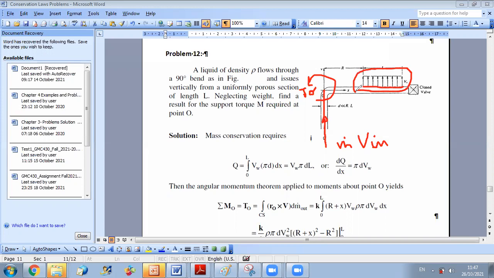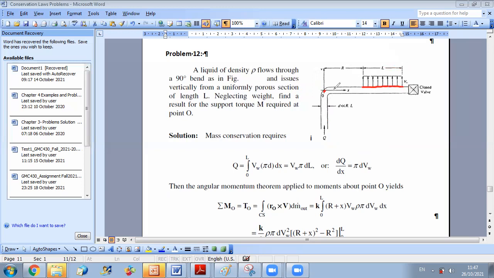Now, what is a little bit challenging for this outlet is that you should perform integration to get your total momentum flux. Why? Because whenever you have something that is varying, when you go over this section, the distance from O is not constant.